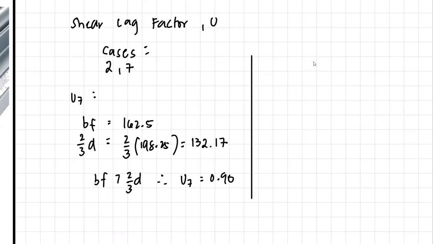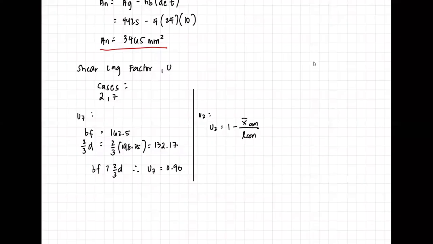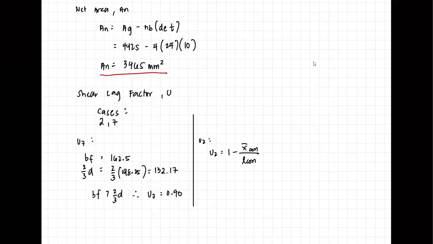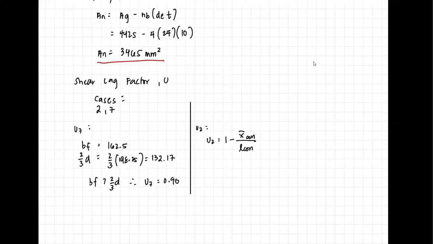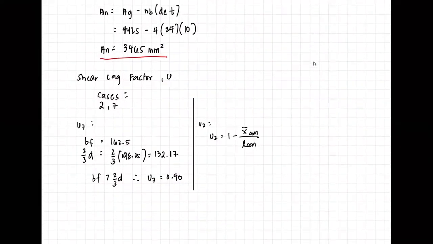Next, we identify the value of U2. U2 is equal to 1 minus bar X over L. According to our previous discussion, when our section is a wide flange connected in the flange, that is a special case of connection eccentricity.